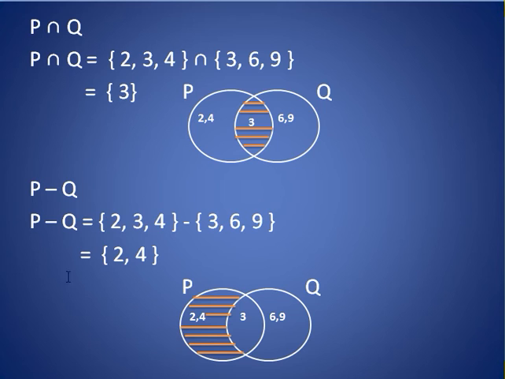Common element we write here. Rest of the elements of set P we write in circle P, and rest of the elements of set Q we write here. Now our answer is 2, 4, so we have to shade this portion.